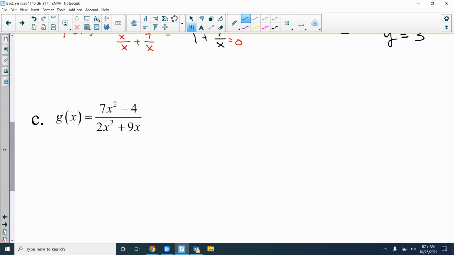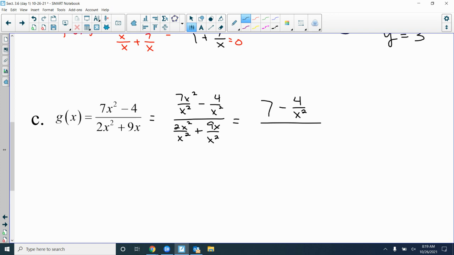So we get 7x squared over x squared minus 4 over x squared, over 2x squared over x squared plus 9x over x squared. Simplify. 7x squared over x squared is 7 minus 4 over x squared. Well, you can't do anything with that, so just leave it. 2x squared over x squared is 2 plus, this will simplify to 9 over x.